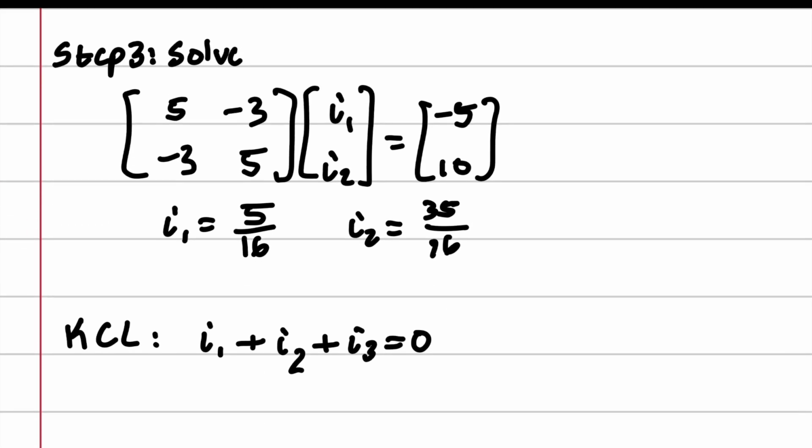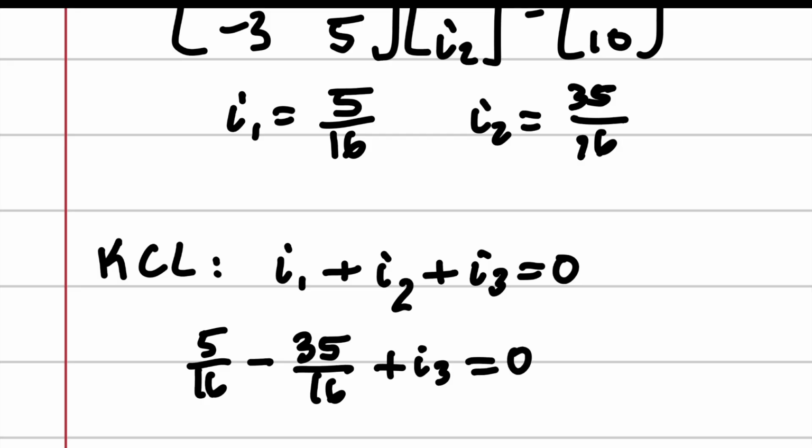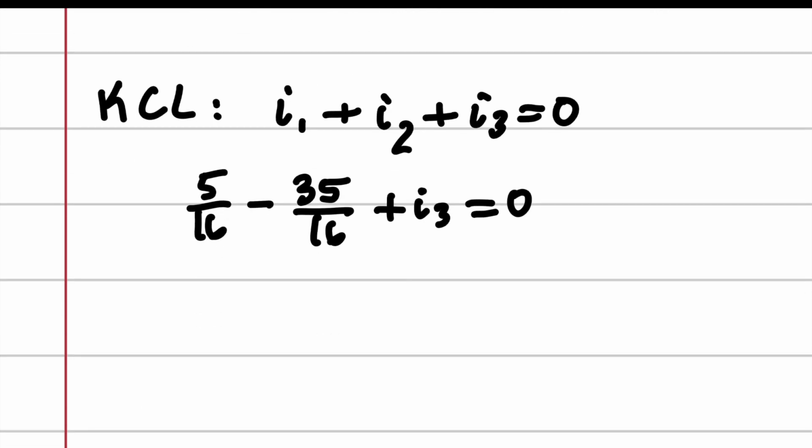So we're going to say 5/16 minus 35/16 plus I3 equals 0. So we're going to do 5/16 minus 35/16. So we get I3 minus 15/8 equals 0.